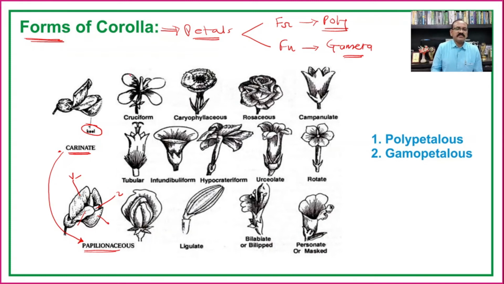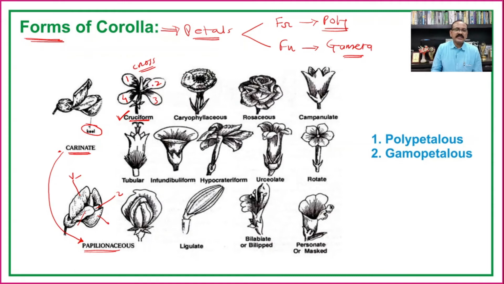Then presence of four petals arranged in a cross, such a type of arrangement is known as cruciform corolla, which is found in family Brassicaceae or the Cruciferae. Here the petals are clawed.